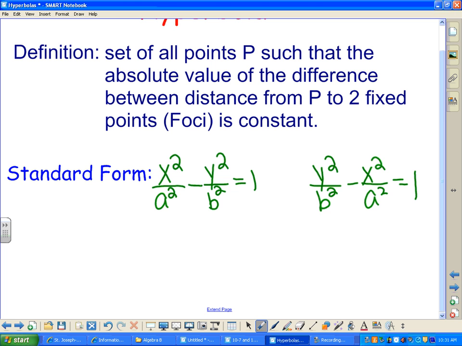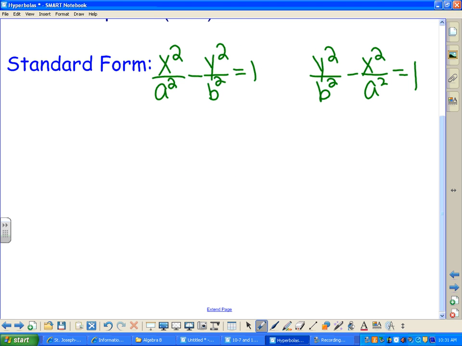Now, here's what the difference is. Do you remember what we talked about with hyperbolas, how they were graphed? When you were graphing them back on that first day, they either looked how? Yes. Okay, some of you took the easy way and said that they opened left and right.